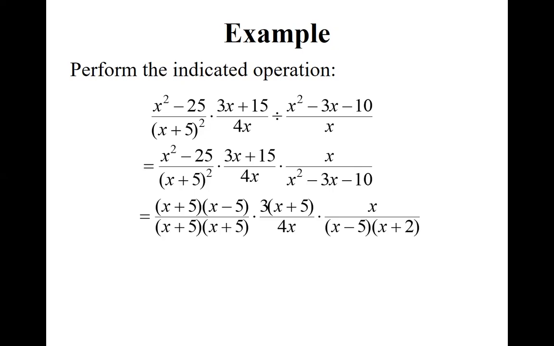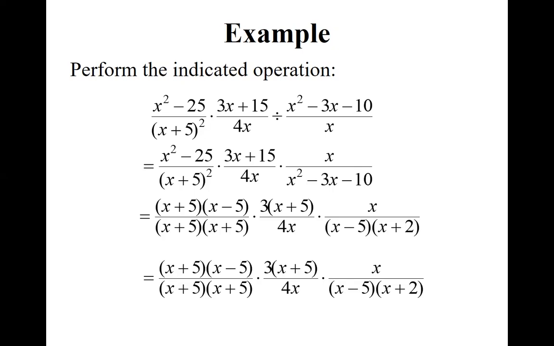And we factored the x squared minus 3x minus 10 into (x minus 5) times (x plus 2). Factoring is important. That then combines everything, and we can start eliminating common factors.